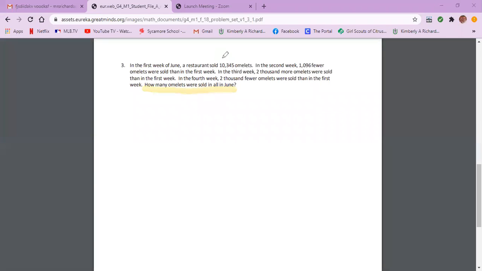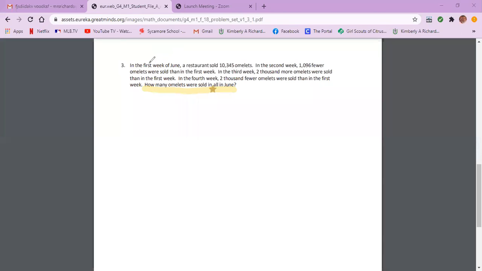So when I see that phrase in all, I know that we are going to eventually add. But before we get there, we don't know all this information, and that's the tricky part, but we can do this. So I'm going to go and kind of figure a few things out.